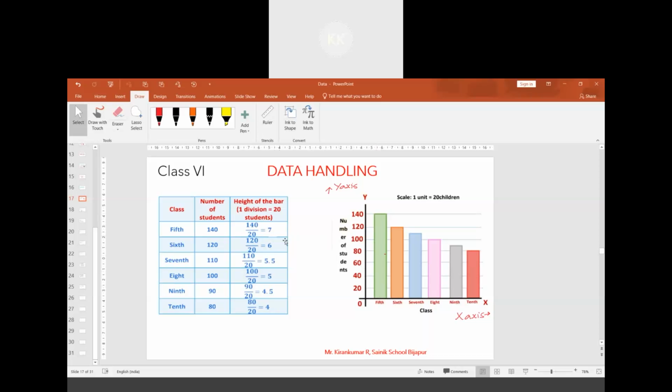units. Sir, your voice is breaking and the presentation also gone, sir. It is showing internet is connected, but there is still a problem.